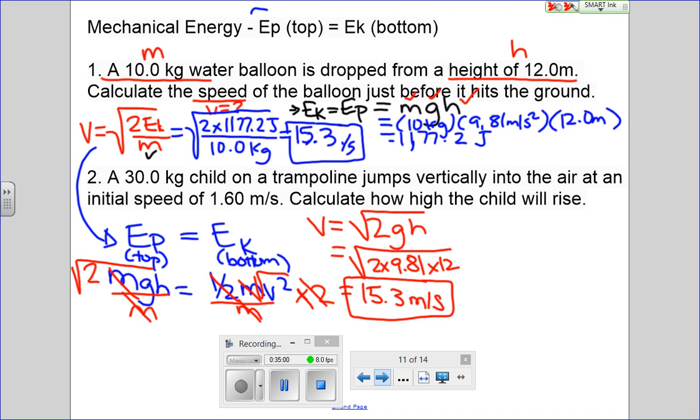Now, it doesn't matter to me which method that you choose. I will tell you, though, that at least once I'm going to make you have to use that version because I will not tell you the mass. And the only way that you could solve it is by making those two formulas equal to each other right away.